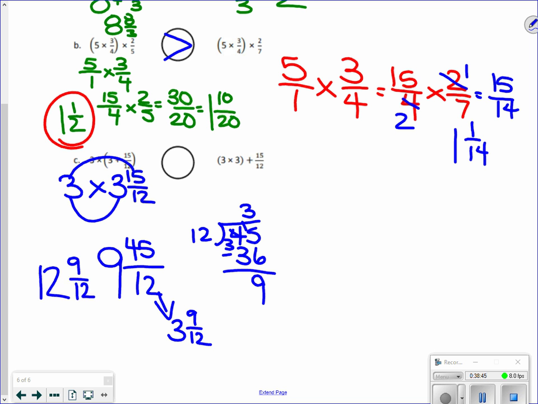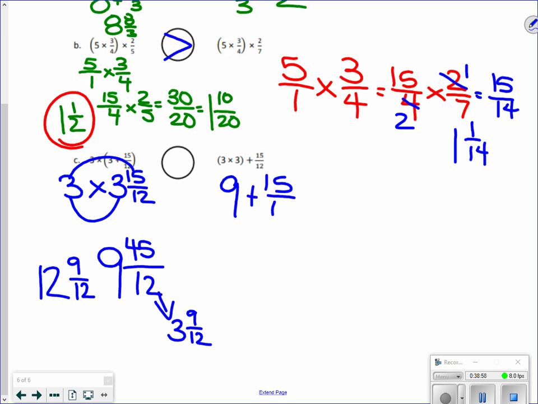And I know that can be simplified, and if I have to, I will. But it looks like I might have a 12 over here as my denominator. 3 times 3 is 9, plus 15/12. Look at there. 9 and 15/12. So 12 goes into 15 once.